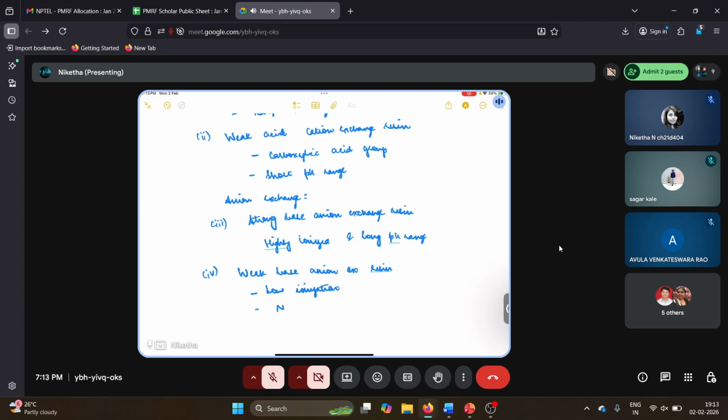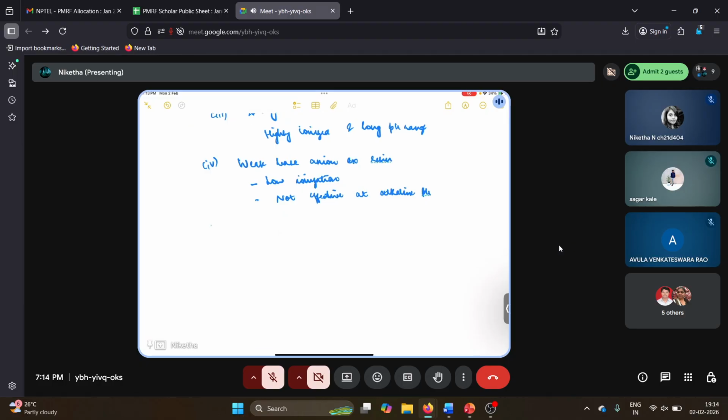And also it is not effective at alkaline pH. And then we also have special resins for removing heavy metals. So those are selective to heavy metals.